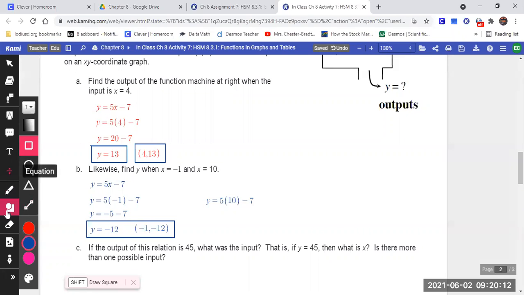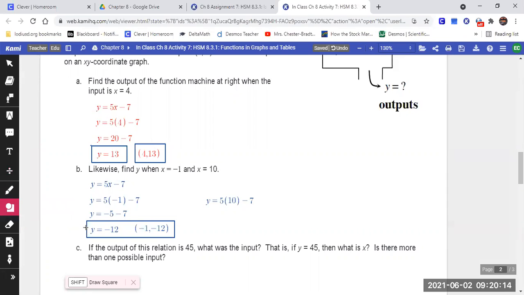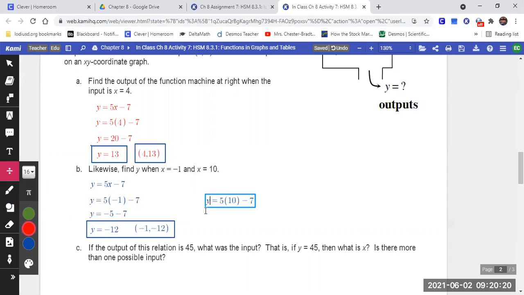Okay. Questions about it? Is anybody having a hard time with it? Okay, let's go finish this other one. What would my next step be? Solve the multiplication.